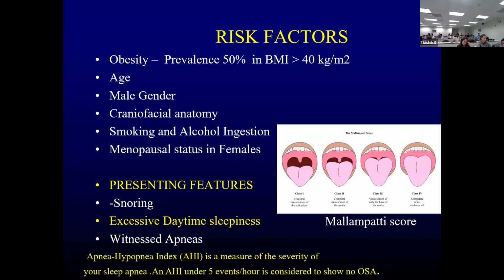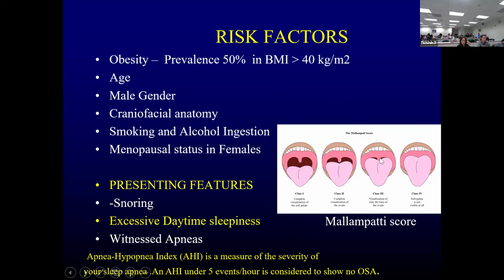And how do we predict? This is something all of you should know. I don't care whether you do pediatrics, GYN, orthopedics. I want you to know this. This is called the Mallampati score. It predicts the probability of successful intubation, but it also predicts sleep apnea. Ask the patient to stick their tongue out, do nothing, just look inside. If you can look at the posterior pharynx, that's good.